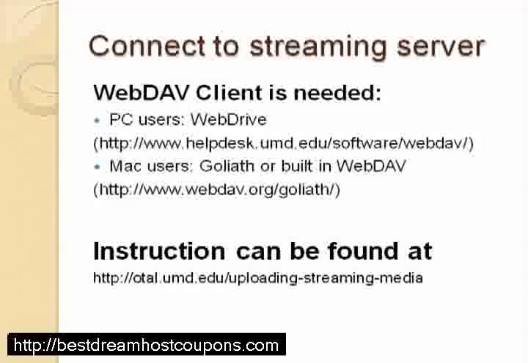This software is WebDAV. So PC users will use WebDrive, which you can download from the Help Desk website. For Mac users, you don't need to download software, because on Mac, there is a built-in WebDAV client you can use, which I'm going to demonstrate how to use to connect to the server.